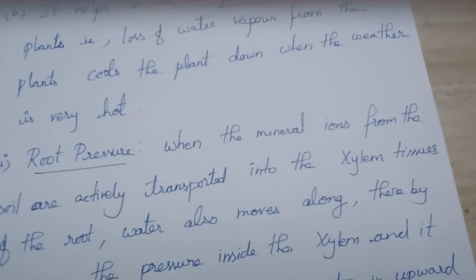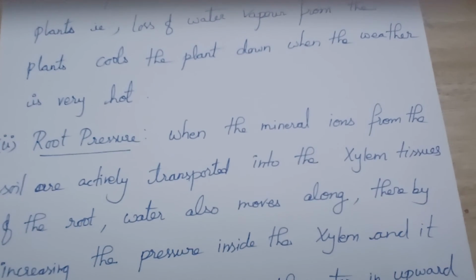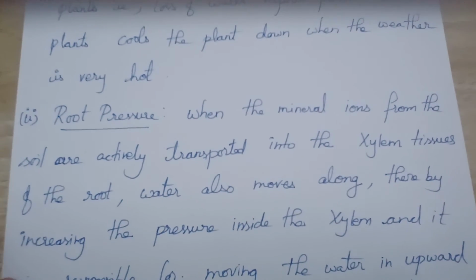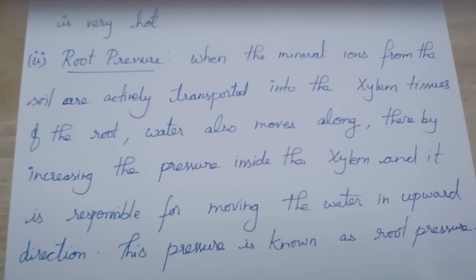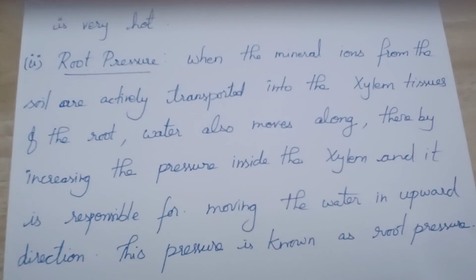And root pressure, because of the difference in concentration, to make it equal, by the osmosis process, the water will also be absorbed along with the ions. Okay, so ultimately a pressure will be created, so it helps in the upward movement of the water along with the ions. Okay, thank you. We'll see the phloem in the next class.